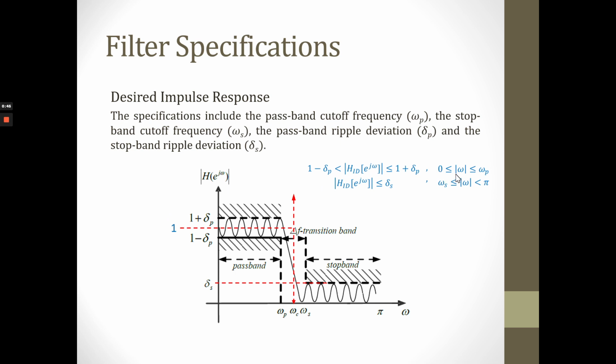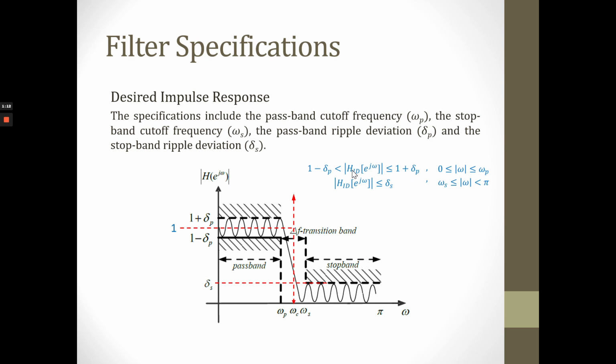for frequency between 0 and omega p, the passband cutoff frequency, within this range, the magnitude of the ideal impulse response is larger than 1 minus delta p and lesser or equal to 1 plus delta p.